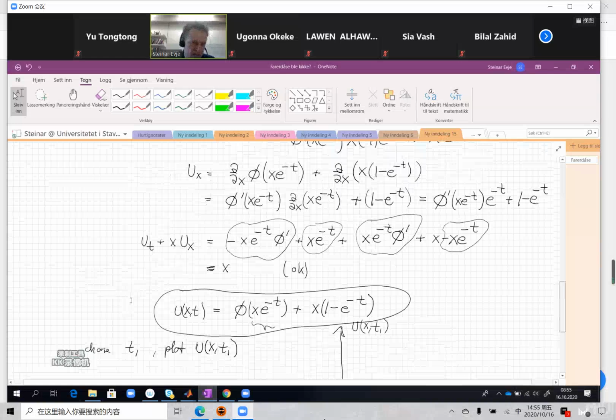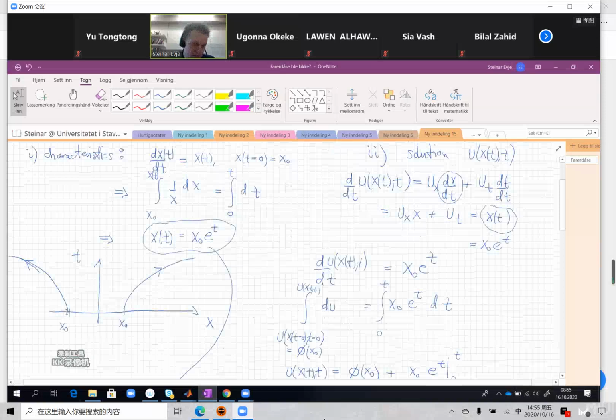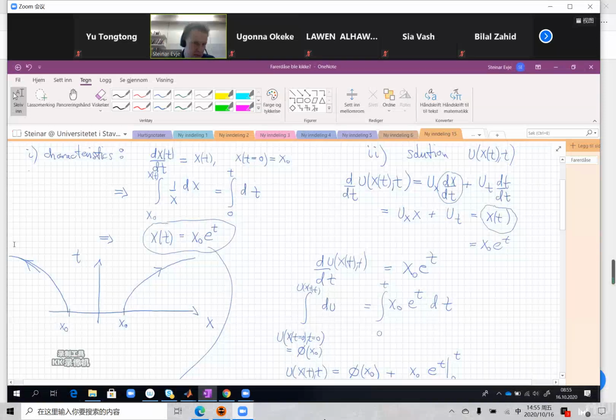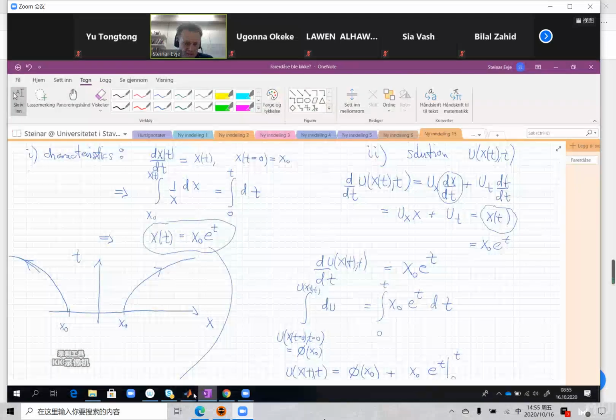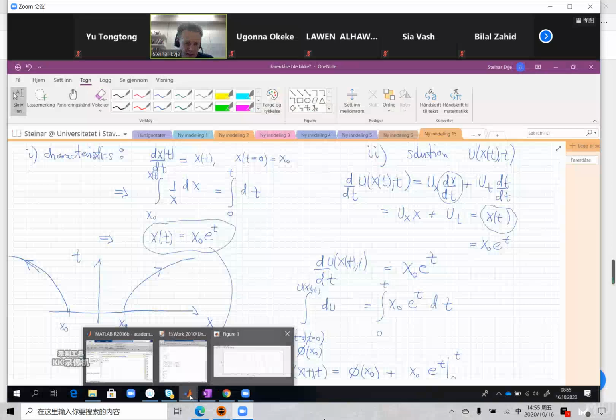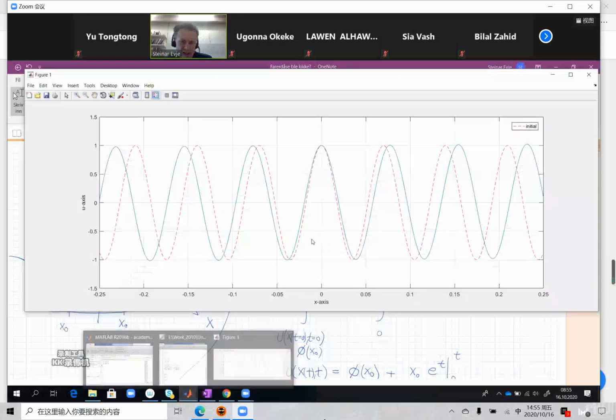And then similarly, when we are on the negative side of the x-axis, we will expect to see a similar behavior, but in the negative direction. And that is precisely what we see here.